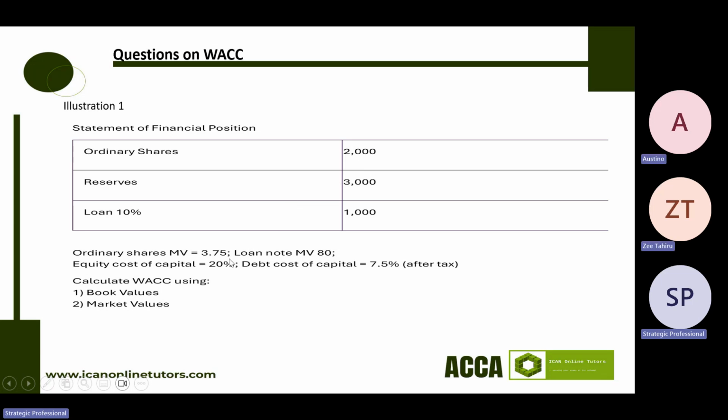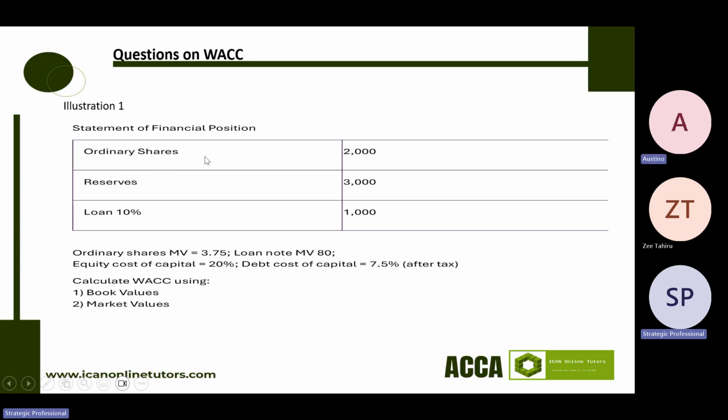And I said this 2,000, you know, this is your statement of financial position. It means this 2,000 is 2,000 naira. Because if you remember, I said this ordinary share will be 1 naira per share.